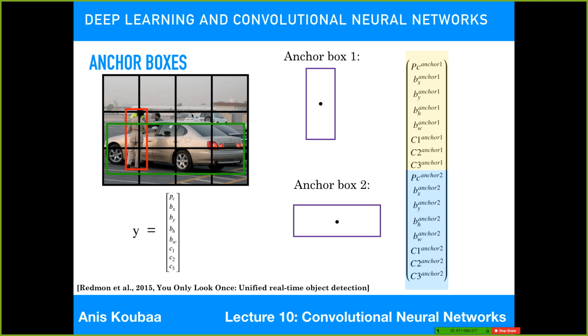The same thing applies if you want to detect a person: the size of anchor 2 was designed to fit the shape of a car, and the size of anchor box 1 was designed to fit the shape of the person. So actually the selection of anchors is very important for the performance of the algorithm, and it tries to predict the shape of the object to be detected.